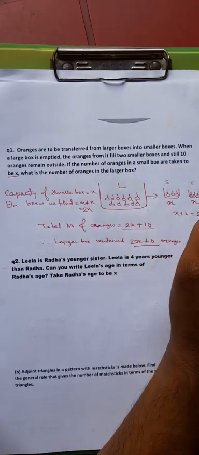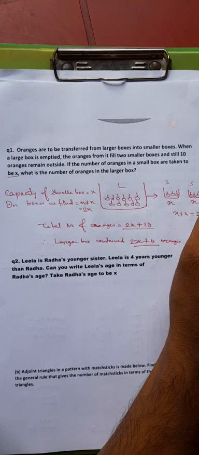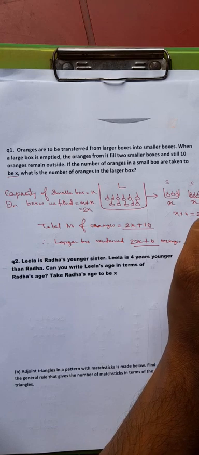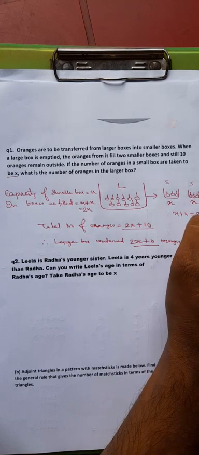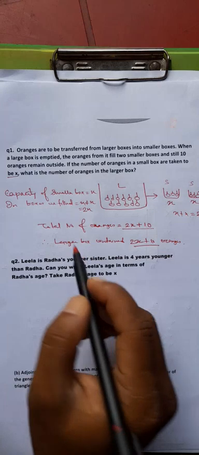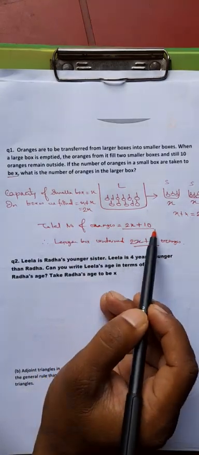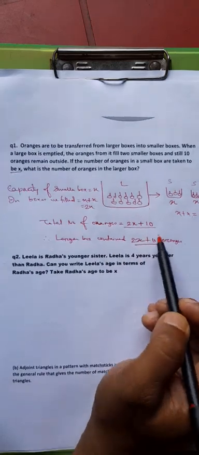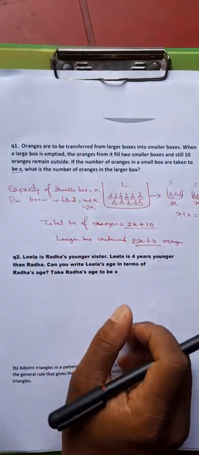After that, 10 oranges remain outside. So what is the total number of oranges? Twice x plus 10. So that was the capacity of the larger box. Right.